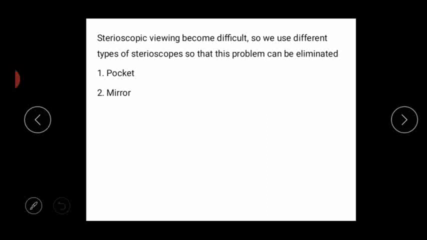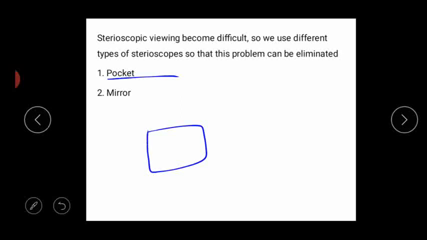So what we do, we use a special type of equipment called a stereoscope. These stereoscopes are of different types. They are of two types. One is a pocket type of stereoscope and one is a mirror type of stereoscope. Now the pocket type of stereoscope is used for smaller areas.